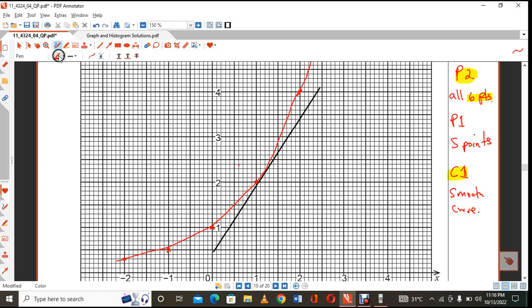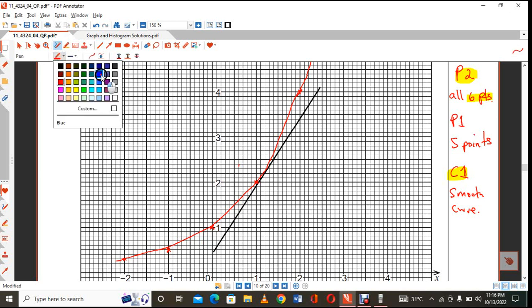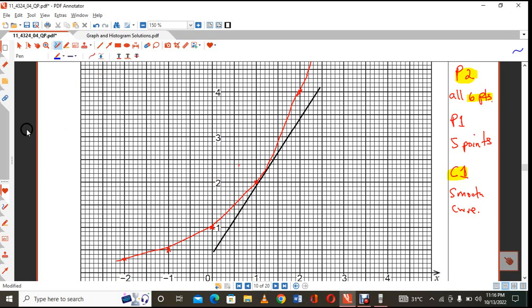In order for you to calculate the gradient, let's suppose you use any point from here, maybe all the way up to here. If I look at this, the scale is 1, then 0.1, 0.2, 0.3, 0.4.